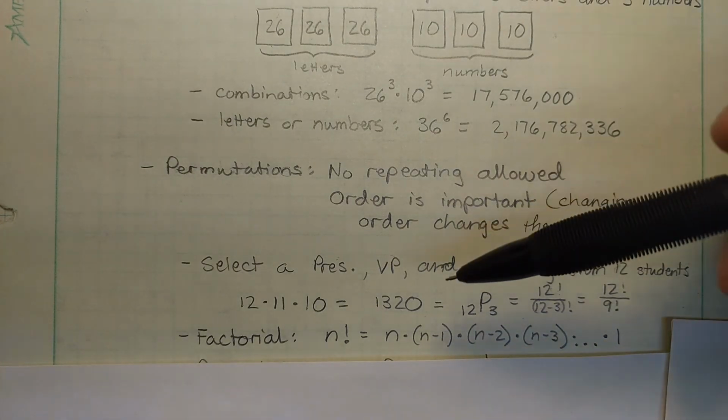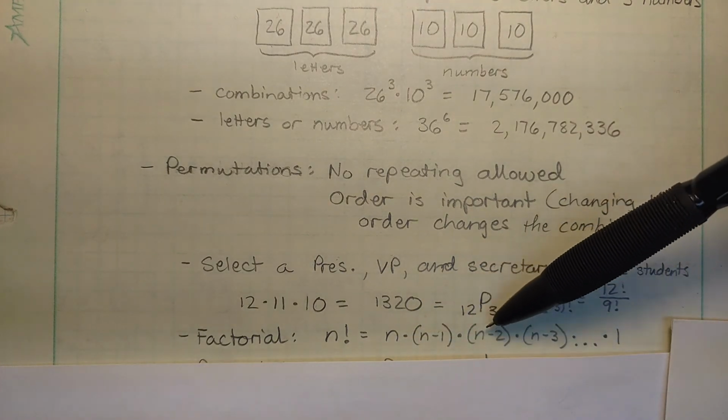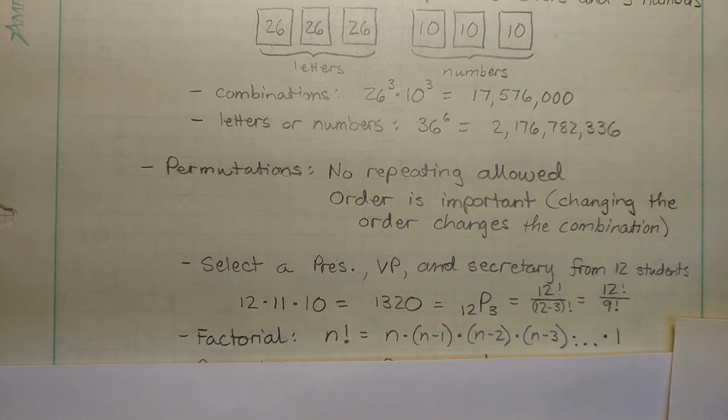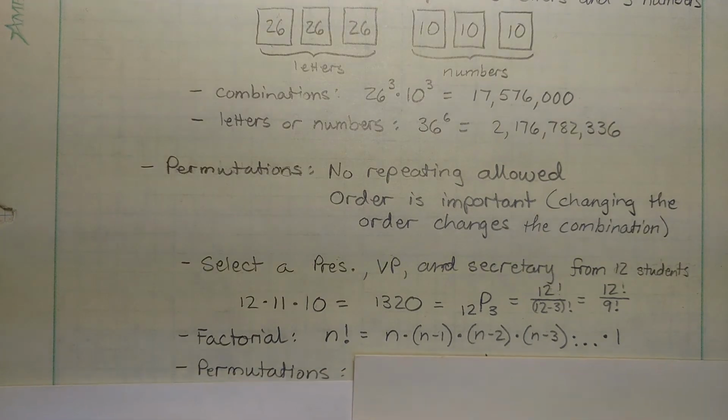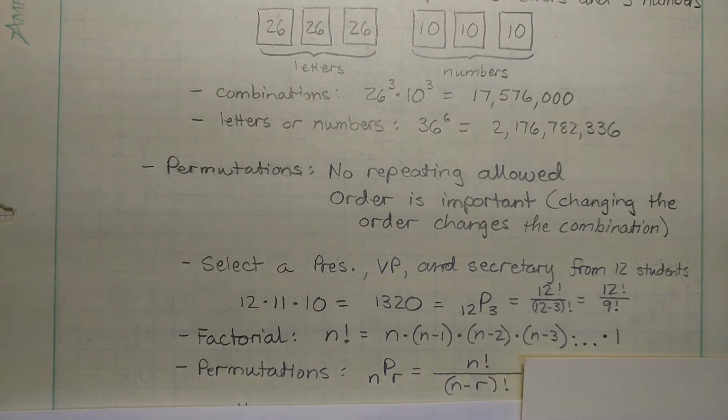So for instance, 12 factorial would be 12 times 11 times 10 times 9 times 8, and so forth. So permutations always fall in this category. When we have n permutated for r spots, we have n factorial over n minus r factorial.